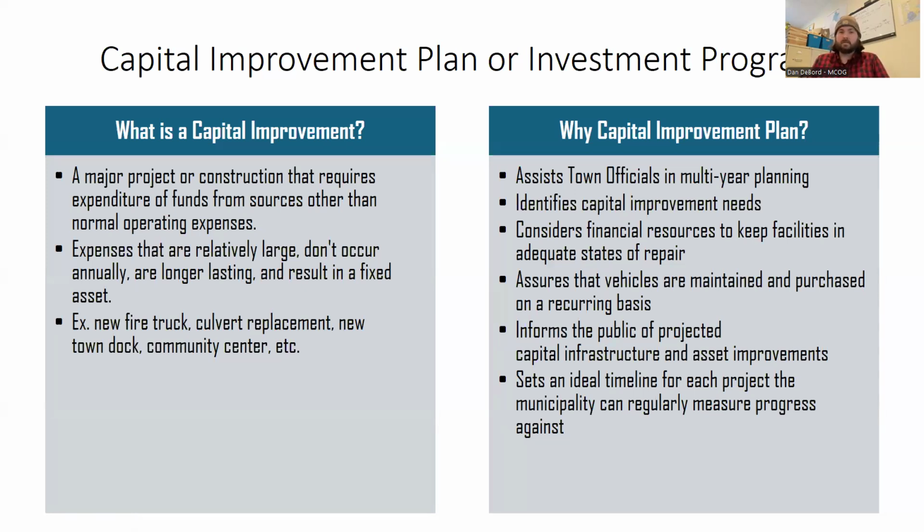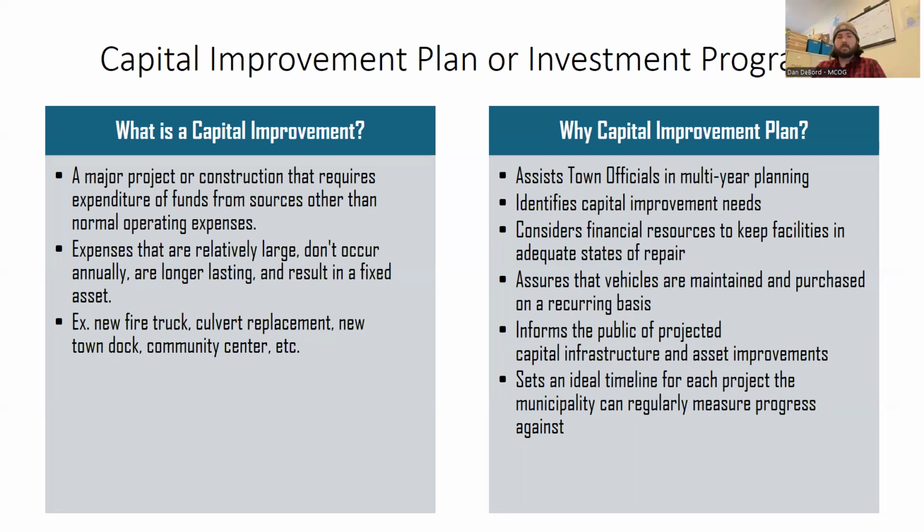These are usually relatively large expenses, not ones that you would see every year, and they generally result in a fixed asset at the end. It could be a new fire truck, a new ambulance, culvert replacement, a town dock or breakwater, a community center, all kinds of things.